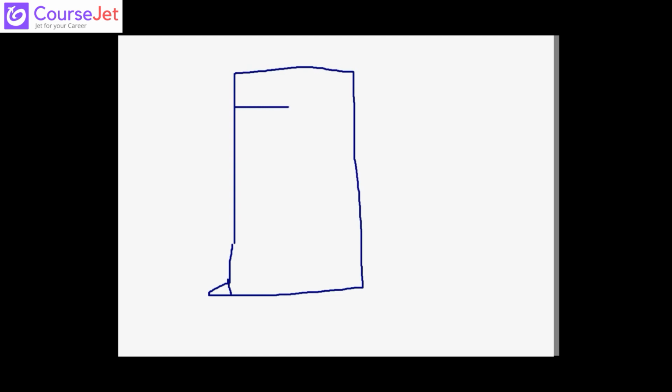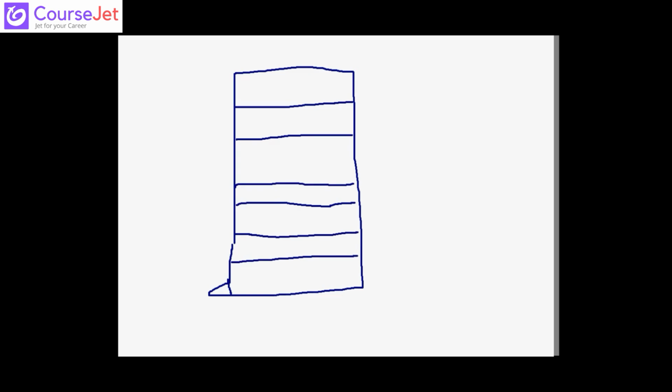Here you will have some sections. This is your start section, this is your heap section. Then you have the uninitialized data section, the initialized data section, as well as your text section.